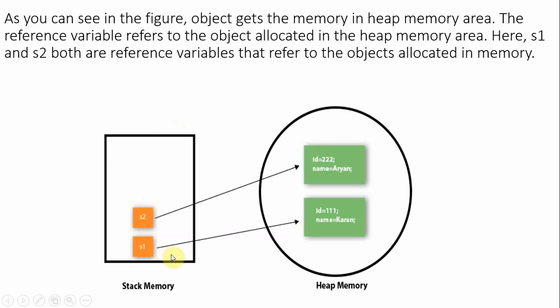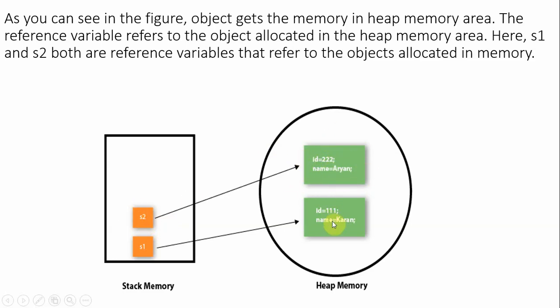So whenever runtime happens, the data can be created in heap memory. Heap memory is nothing but a memory which is used to store the permanent data. Whenever we run the program, there we have an id and a name. These reference variables point to the objects.